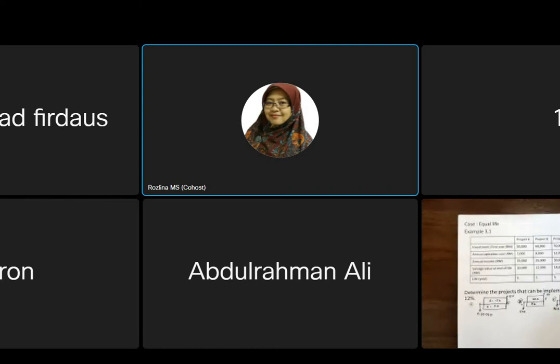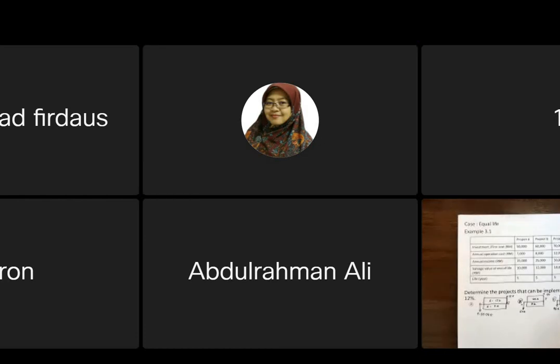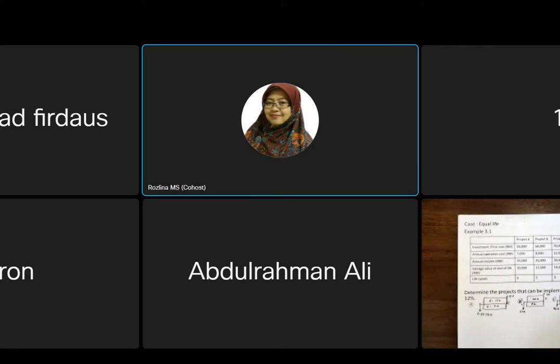And then D, and also E. The P is 80,000, with A as 13 and 40 for the income.